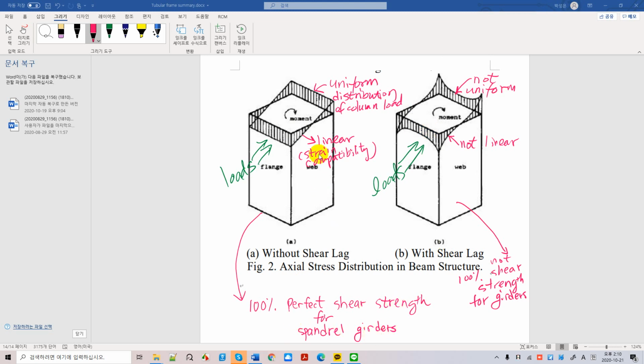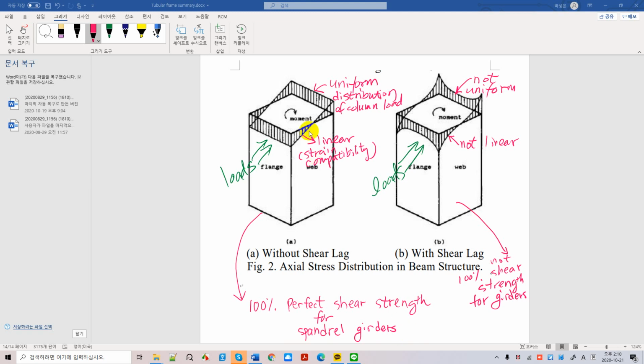The first is that we can space your columns as close as possible, so that you provide good shear strength for spandrel girders. The second way is that your shear strength for spandrel girders should be sufficient.